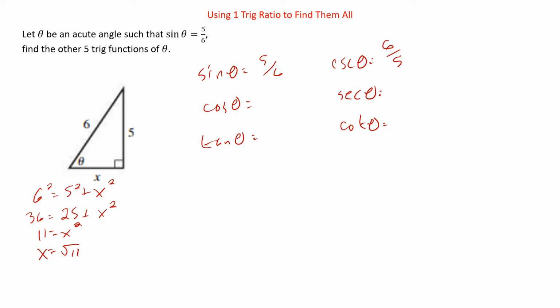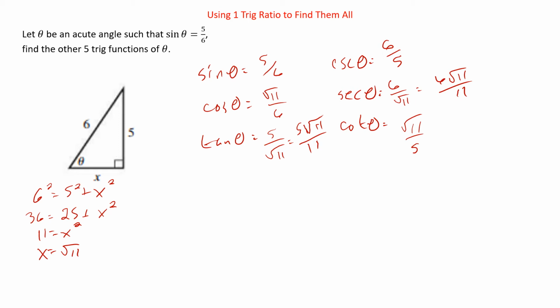Cosine is the adjacent over hypotenuse, so that's root 11 over 6, which means secant is 6 over root 11, which you could make 6 root 11 over 11. Tangent, opposite over adjacent, so 5 over root 11, which would be 5 root 11 over 11. And cotangent is the reciprocal of 5 over root 11, which is root 11 over 5.